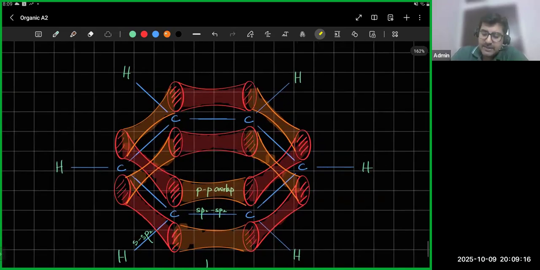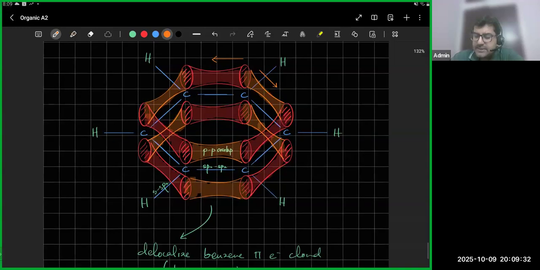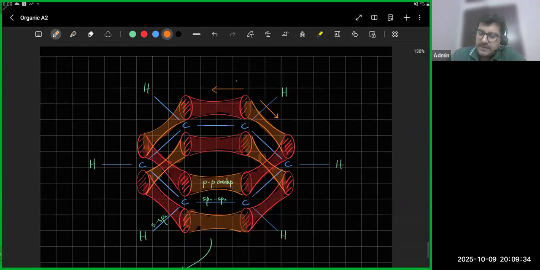अच्छा, अब इसमें one important thing is that since the p orbital partially overlaps on the left side and its electrons are also overlapping on the right side, so the electrons are more distributed. So the electron density is not very high. Yeah, that's a major difference.